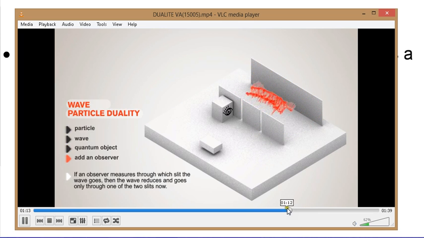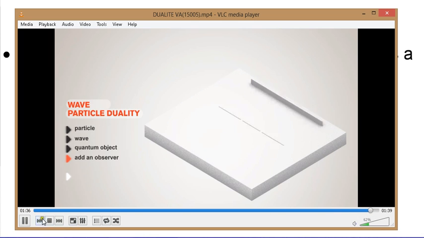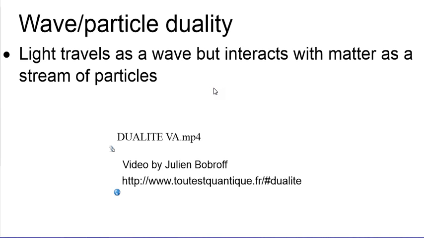And you'll see the interference pattern there still. An interesting part of the experiment, though, is that when you add an observer, it changes the results of the experiment. We can talk a bit more about this in class, but simply adding an observer alters the experiment that the scientists did. So light travels as a wave, but interacts with matter as a stream of particles.